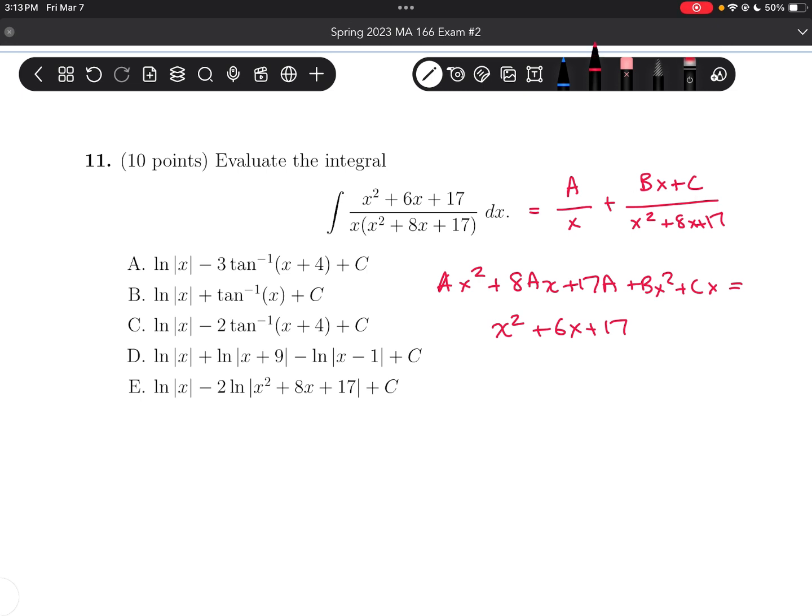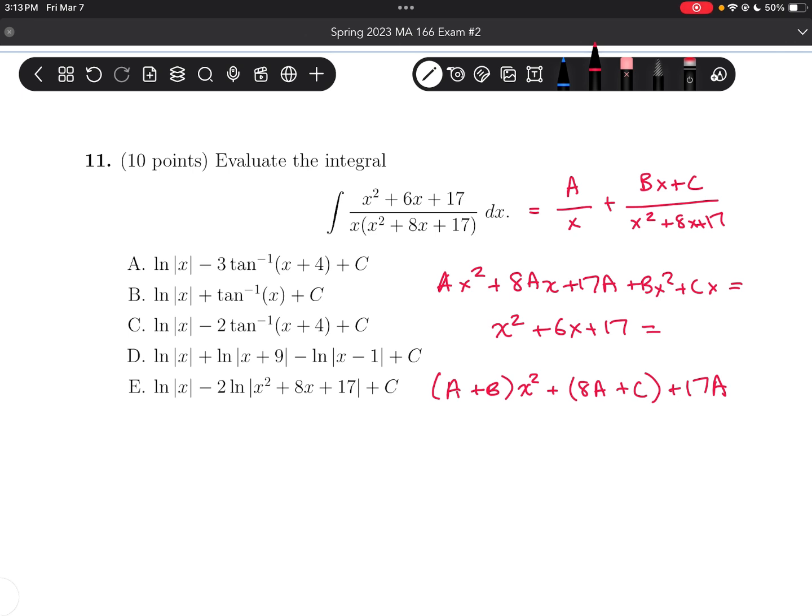That's important. Now I'm going to group things on the left-hand side of the equation based on term. If I group everything up for x squared, I get A plus B. If I group everything up for x, I get 8a plus c, and then I get plus 17a.